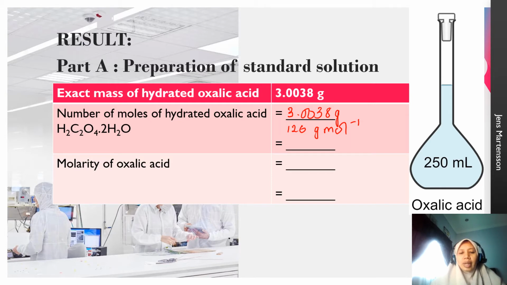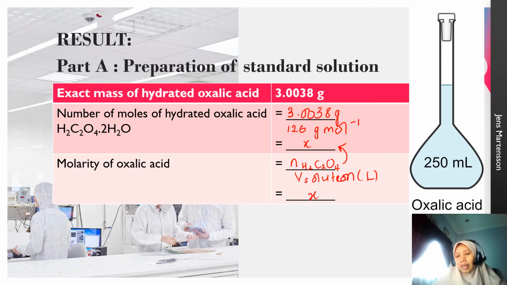Okay, and the molarity of oxalic acid is calculated just like the formula, in which the formula is the number of mole of solute, H2C2O4, over the volume of solution. So whatever the number of mole of H2C2O4 obtained from the previous part, you substitute here.